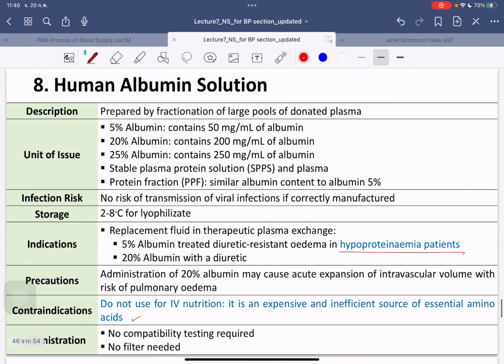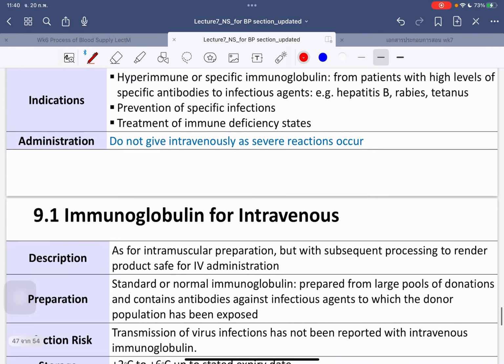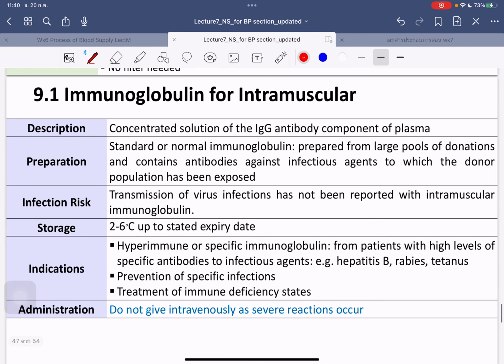The next one is immunoglobulin for intramuscular use. If you understand this one, it's just passive immunization that you inject intramuscularly. For example, you know about Ebola virus, right? When a patient has recovered from Ebola virus, they can donate plasma to produce immunoglobulins, and we can give an intramuscular injection to the patient.